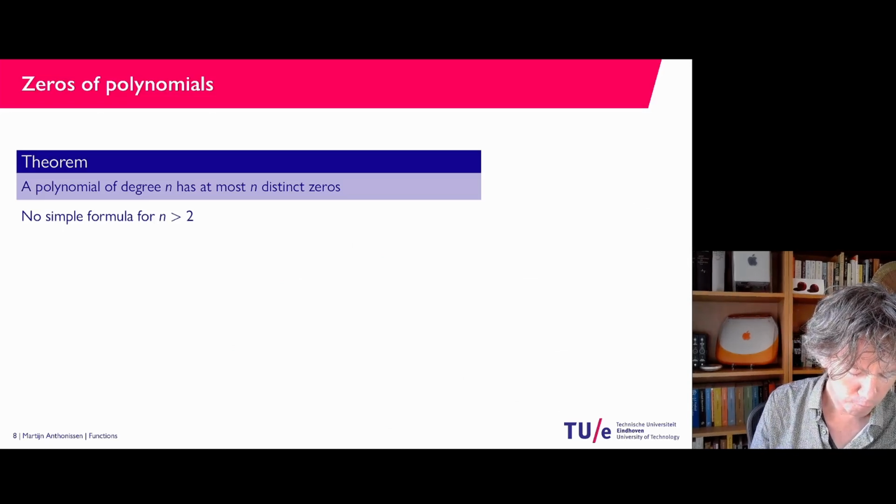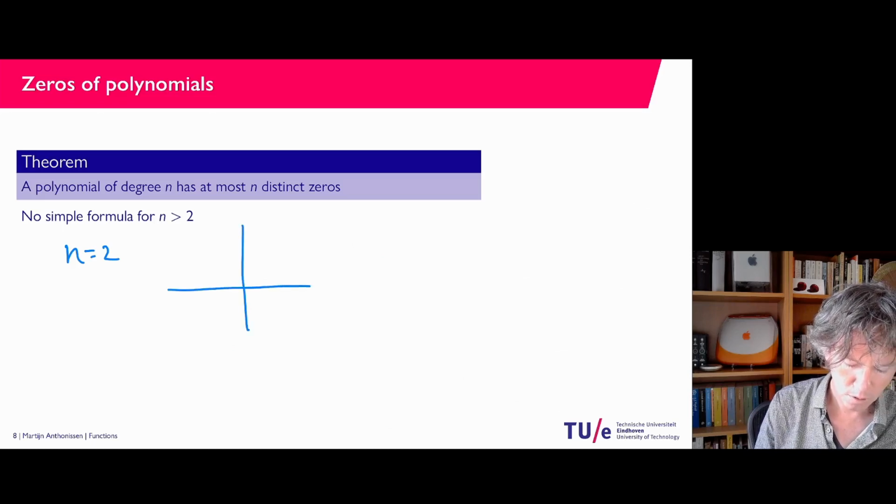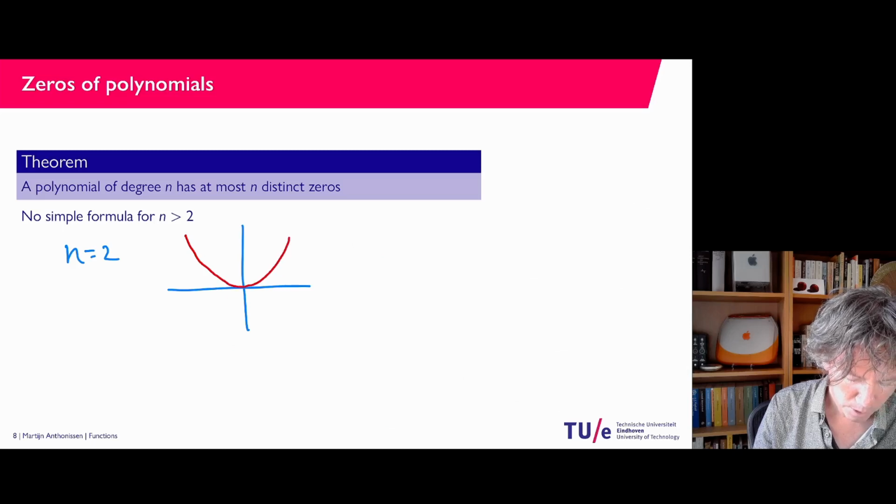And for n equals 2, you already know this to be true, because for instance, if you look at the function y equals x squared, you know that there is 1 zero.